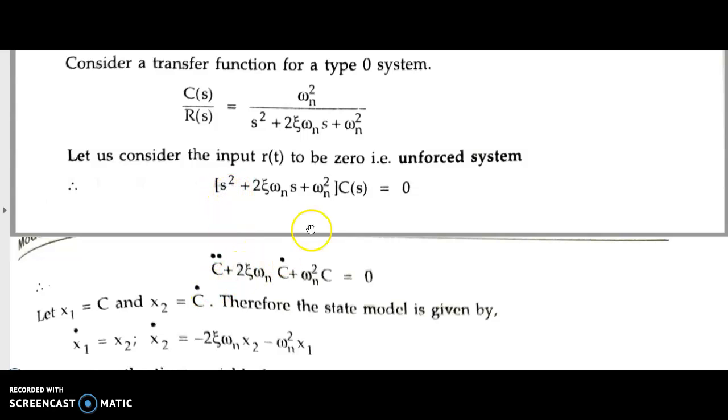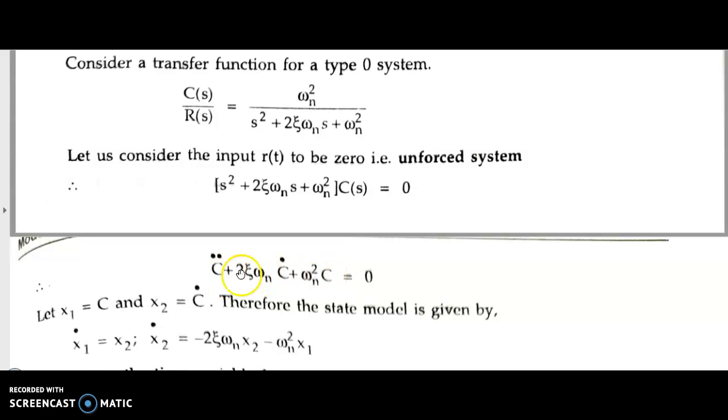So C term is there: output term C double dot, plus 2 zeta omega n into s into C(s), only one time differentiation of C, that is C dot, plus omega n square C, is equal to 0. Here the first variable is the output, x1 is equal to y, this is x1 and this is x2 and this is x2 dot.